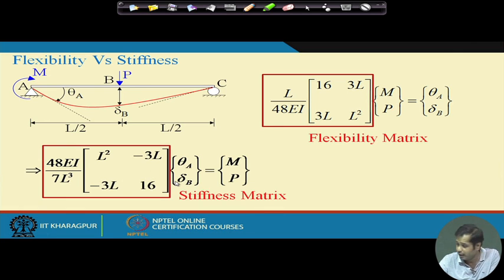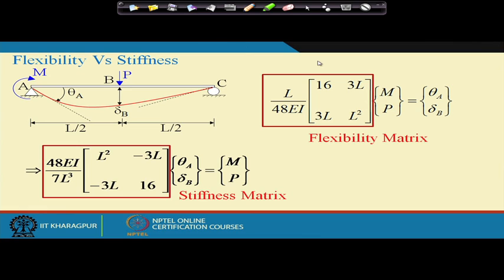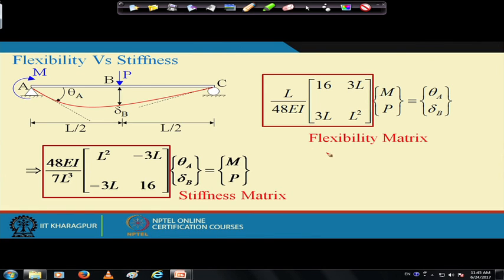And this something is called the stiffness matrix. If you remember how displacement is related to force, we discussed that if F is the flexibility, then flexibility into force gives displacement.